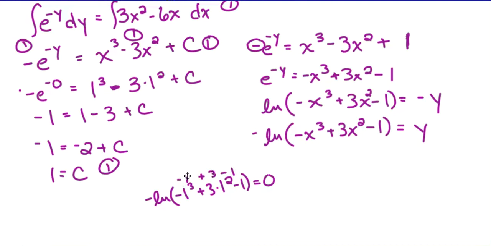So that's 3 minus 2, which is 1. The log of 1 is 0. Okay, so we're good. So that is our particular solution. And we're done. 6 points. 1 point there for solving completely for y.